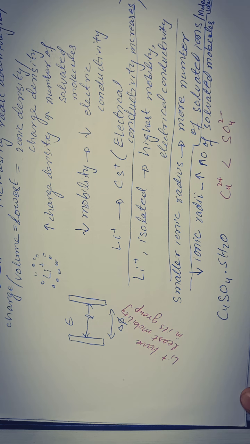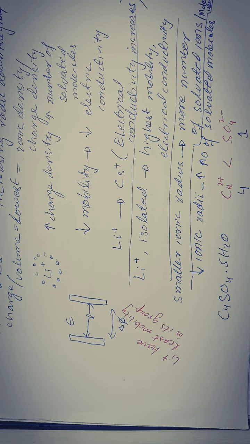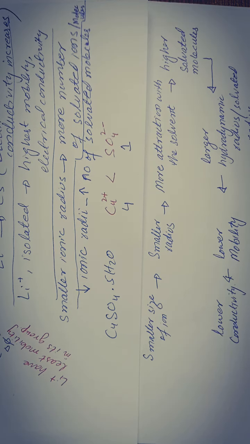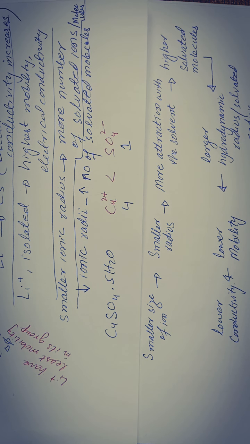So the total number of solvated or hydrated water molecules is 4 for the copper and 1 for the sulfate ion, which is showing that the smaller size of ion, with more attraction with the solvent, will result in the formation of higher solvated radius or high hydrodynamic radius, leading to lower mobility and thus lower conductivity.